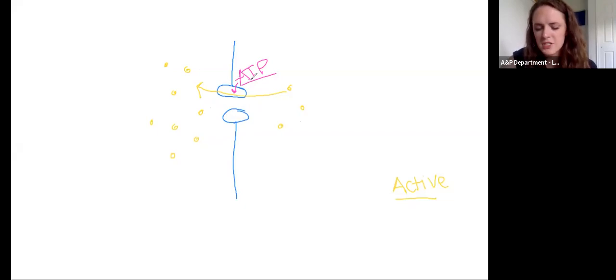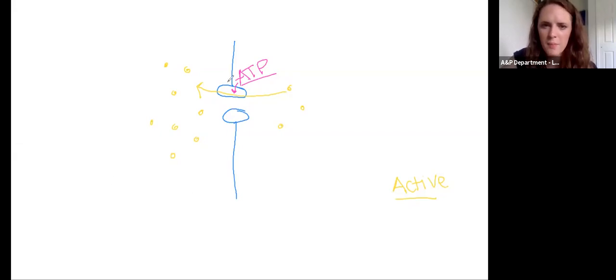This is a form of channel-mediated diffusion, right? Because you have to have a channel to do this. You have to have a channel that ATP can bind to. So active transport is channel-mediated, okay? Our big example of this is going to be your sodium-potassium exchange pump.